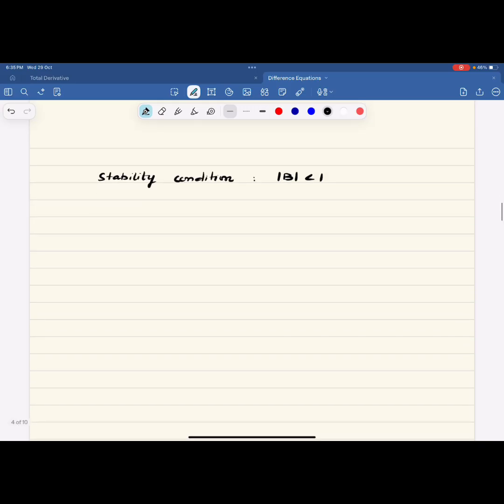However, when β is a positive fraction, we have a smooth convergence. If β is a negative fraction, so if the value lies between -1 and 0, then we have an oscillatory kind of convergence.